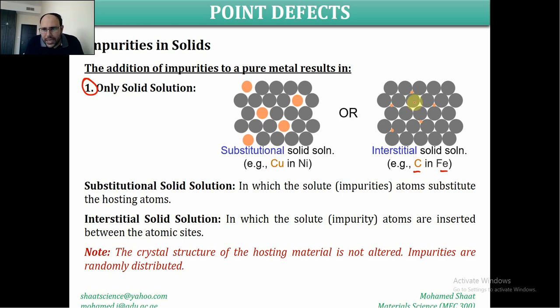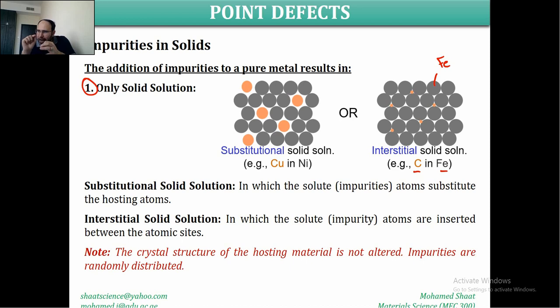These gray atoms are the Fe iron. It is a huge atom, the size of the atom is big, in comparison to the size or the diameter of the carbon atom, which is too small. So when we add a small fraction of carbon, it will not be able to replace the Fe atom, but it will be inserted into the gaps between the atoms, between the lattice sites.